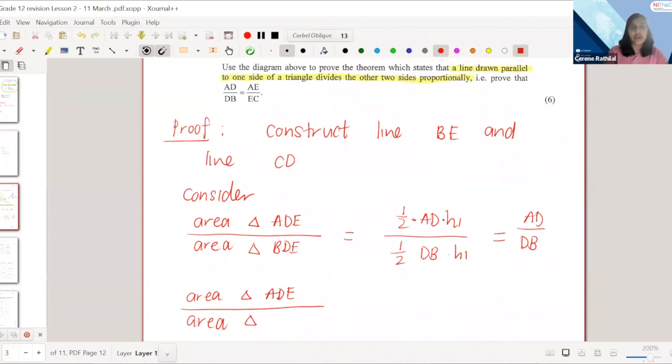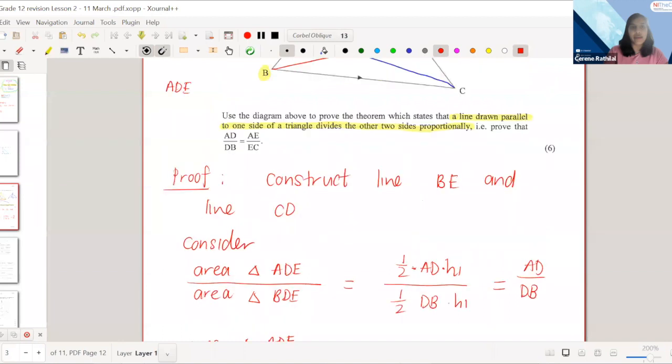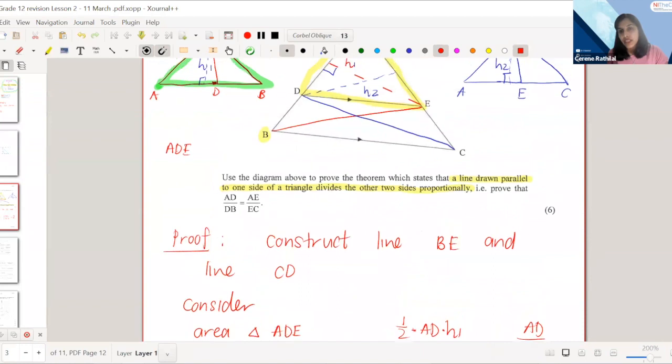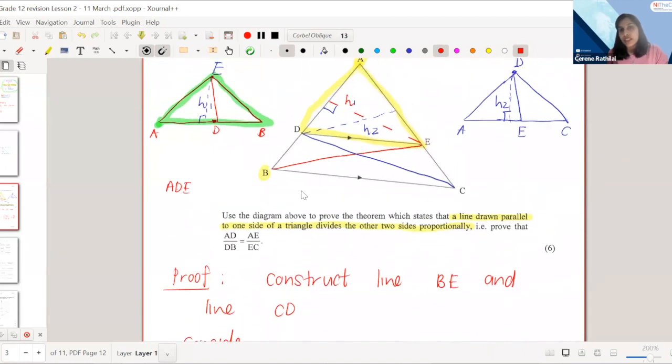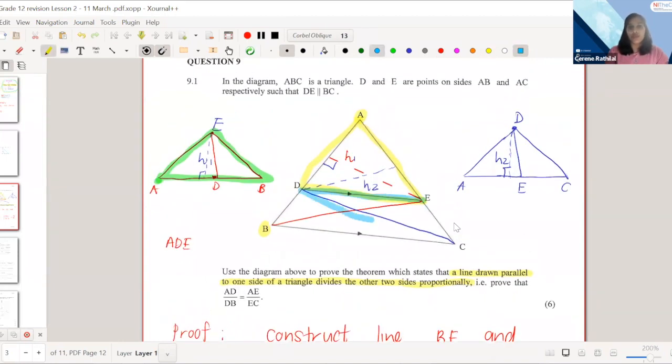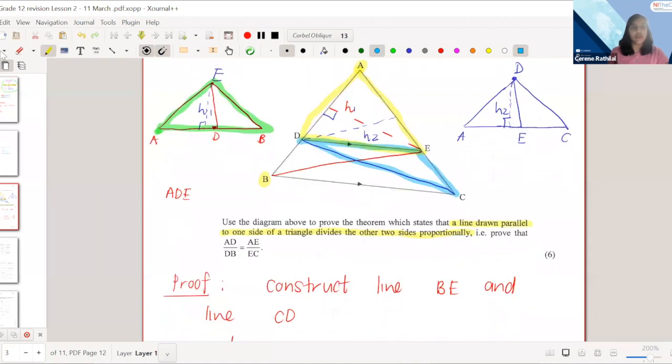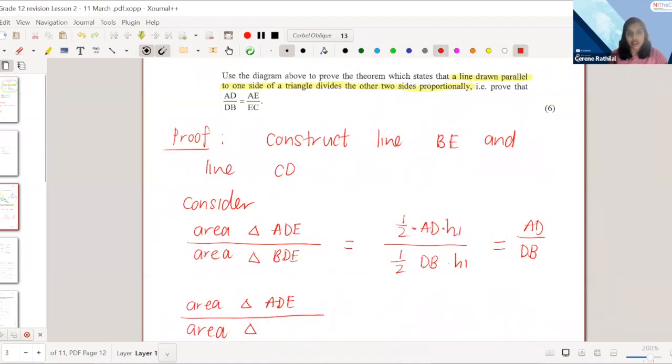We're going to be working with the blue highlighted triangle, which we can read off as DEC. Right, so I'm talking about area of the triangle DEC. And so what is this equal to?